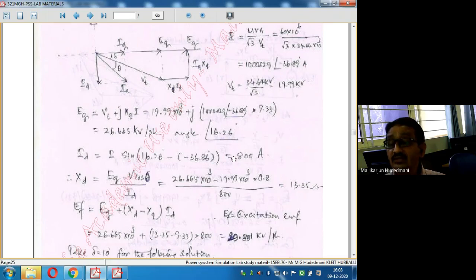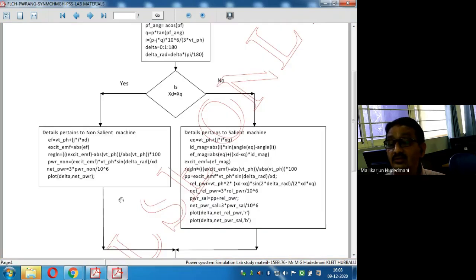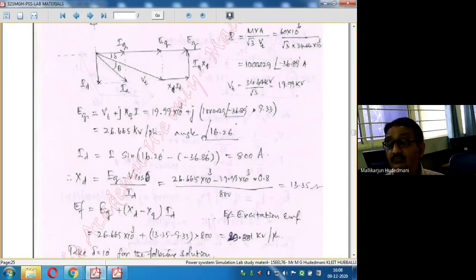The same thing is programmed in the MATLAB. You can see here, ID mag, I call it as. ID magnitude is equal to absolute I, the magnitude of I, into sine of angle of EQ minus angle of I. This is the angle associated with the voltage, angle of EQ, and angle of I is the angle associated with the current vector.